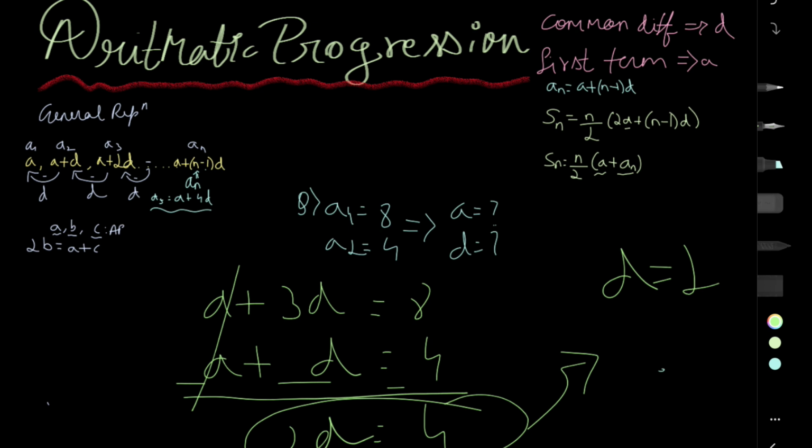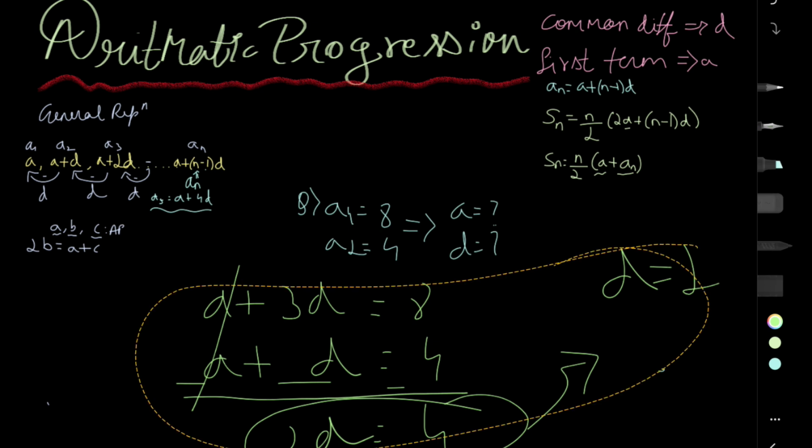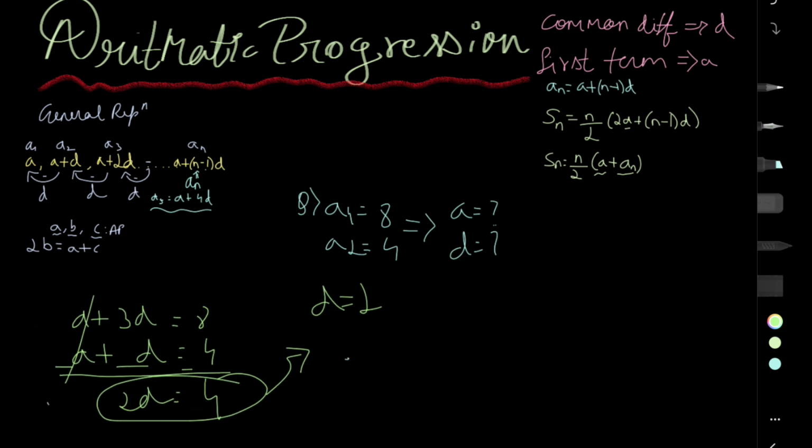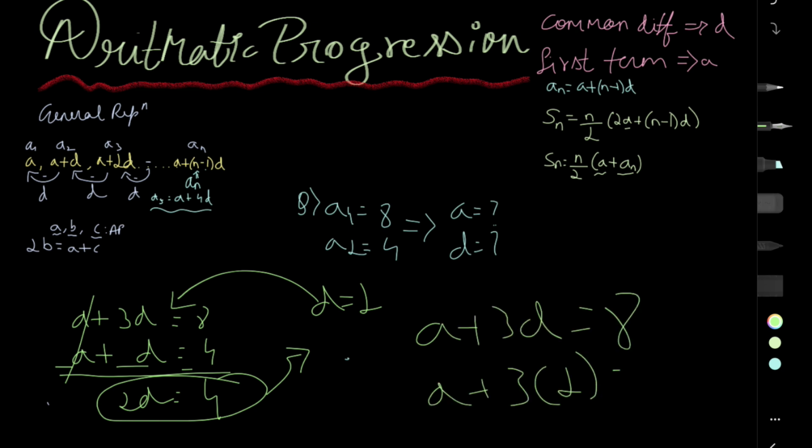If the common difference is 2, then I put this common difference in equation 1, that is a plus 3d equals 8, so a plus 3 times 2 equals 8. 3 twos are 6, so a equals 8 minus 6, which is 2. a is 2 and d is also 2.